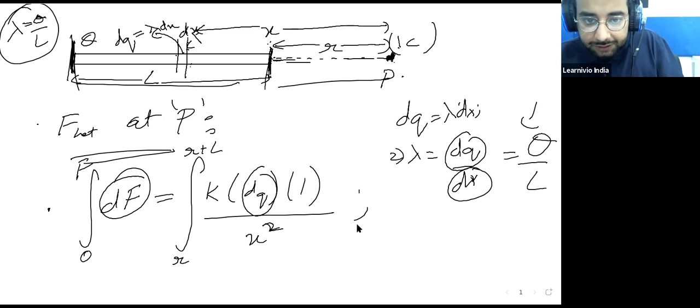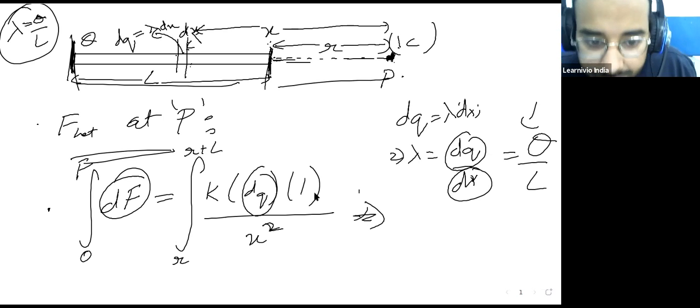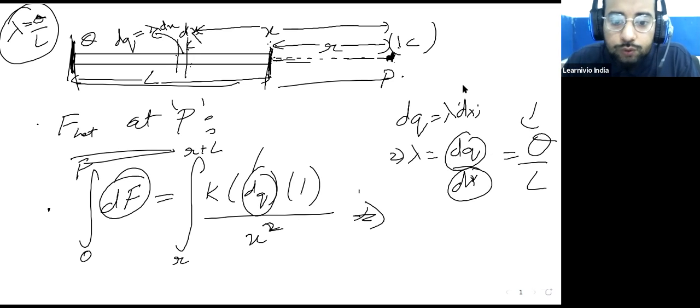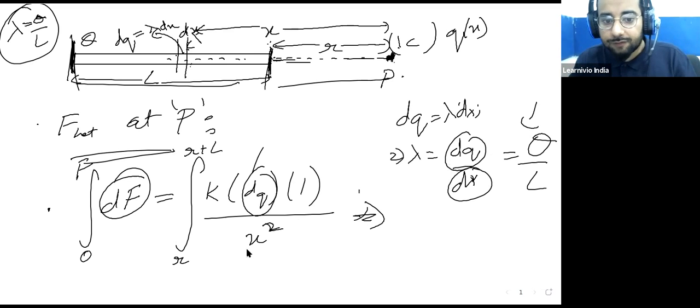So let's do this integration on both sides. Well, right now we cannot. Can we integrate the right hand side? We cannot directly integrate the right hand side. Why can we not? Because Q is a function of x, right? Q changes. Q is a function of x. So right now, what you need to do is write dq in terms of dx. How do you do that?